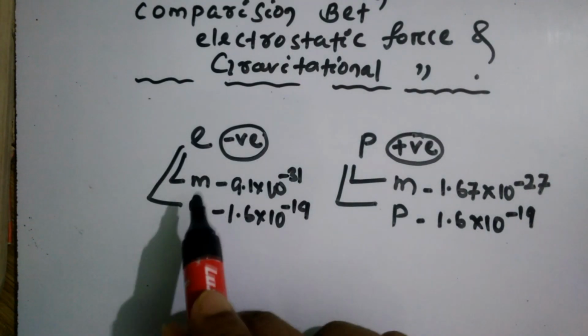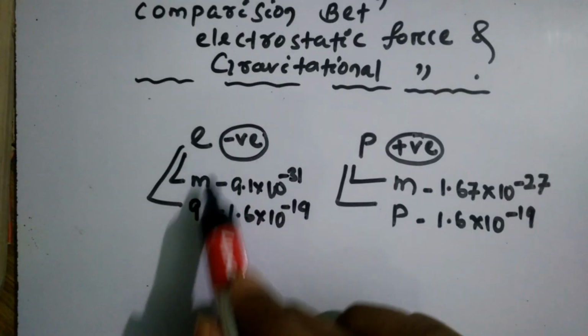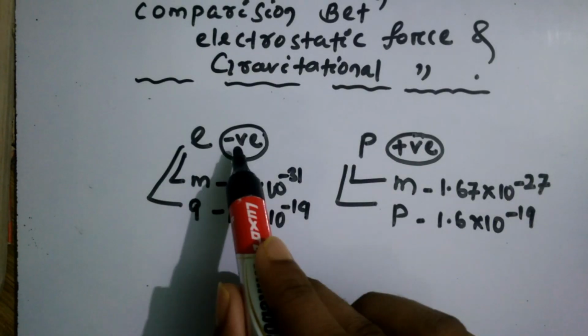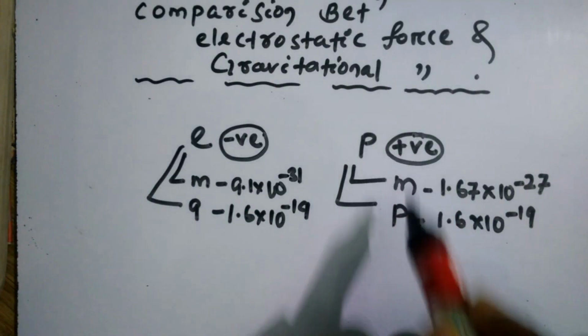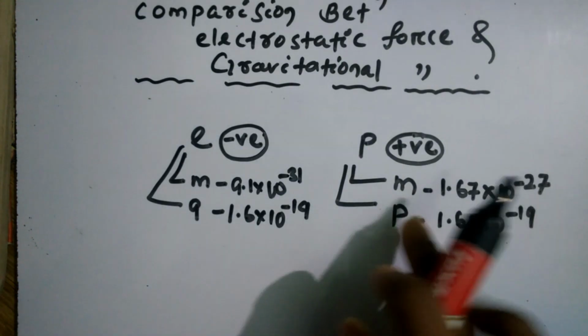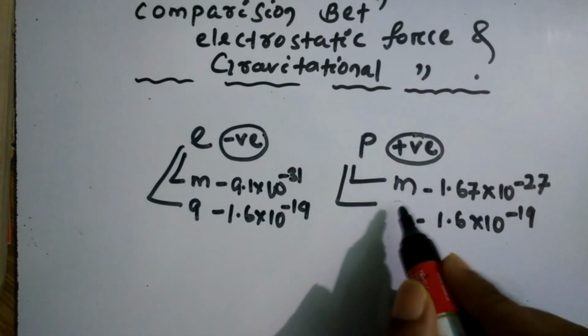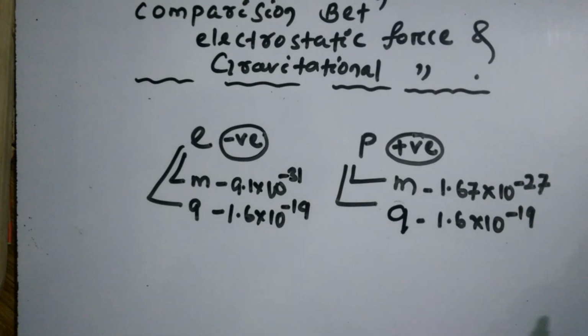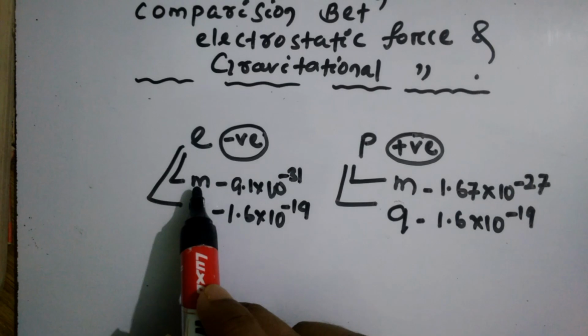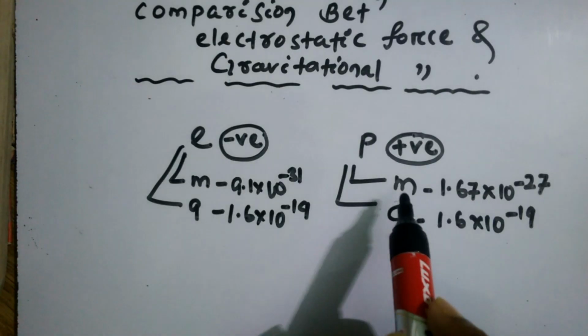This is the mass and charge of electron, and this is the mass and charge of proton. Sorry, it is not phi, it is Q, charge.